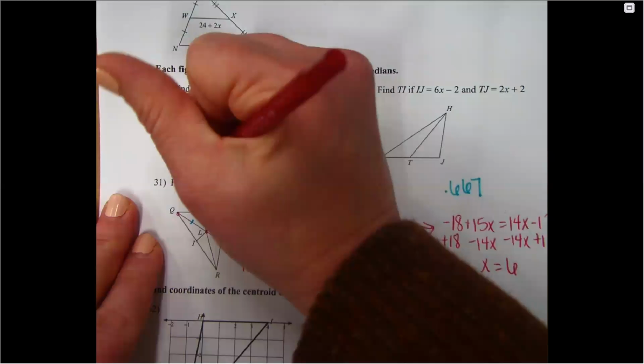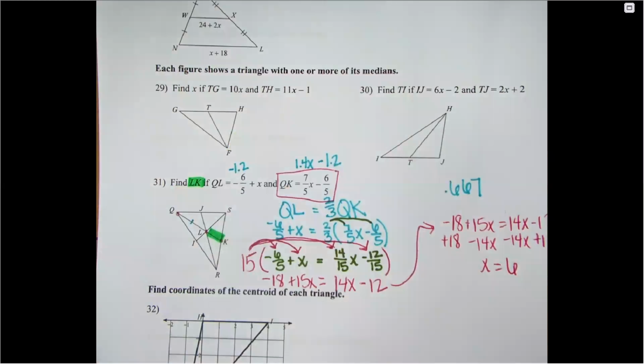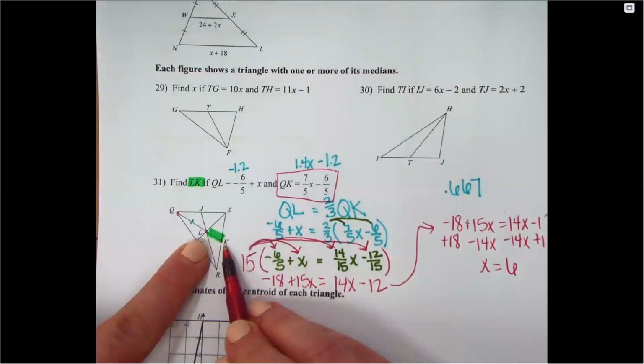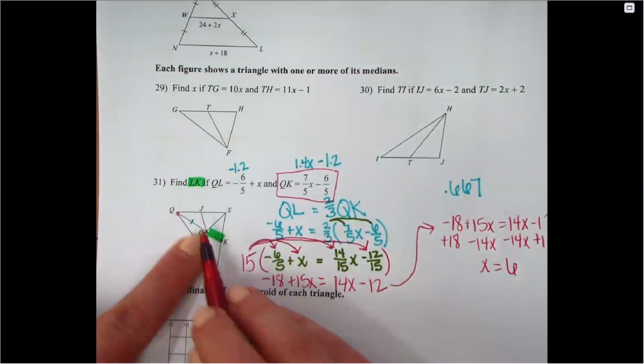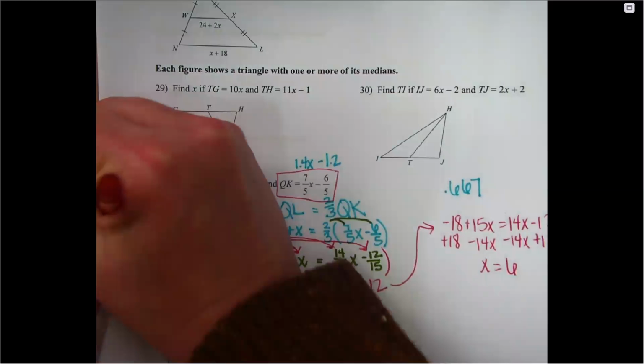But in order for us to find this little segment, we're going to have to figure it out based on someone else. So we either have the whole thing, which we could find and then just take 1/3 of that, or you could find the smaller piece and take half of that, which is what I'm going to do. I'm going to take QL, which I know is negative 6/5 plus x.